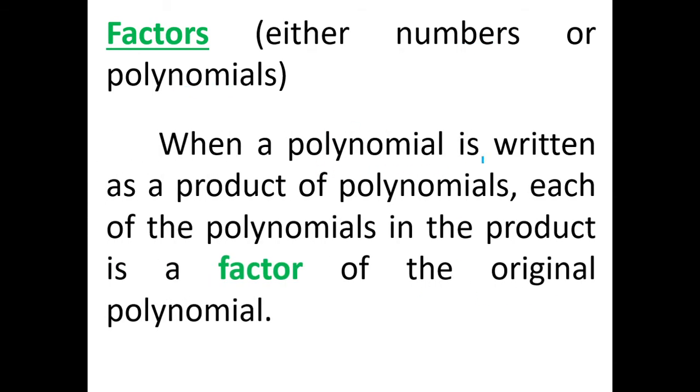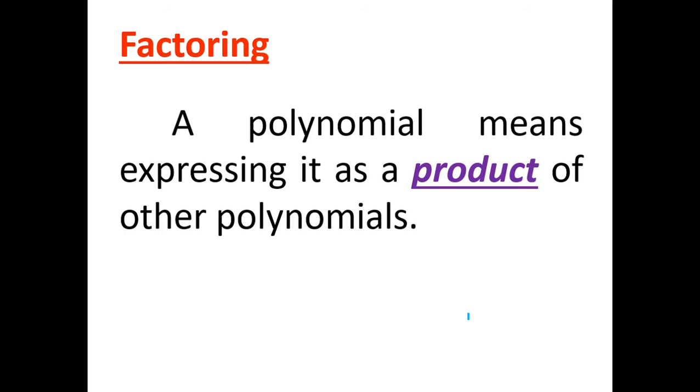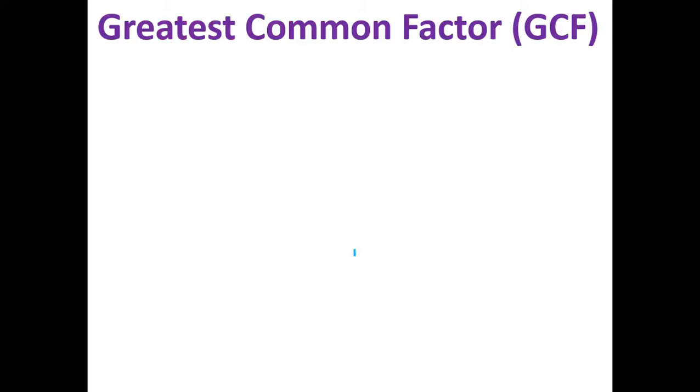And when a polynomial is written as a product of polynomials, each of the polynomials in the product is a factor of the original polynomial. While factoring a polynomial means expressing it as a product of other polynomials, diba?